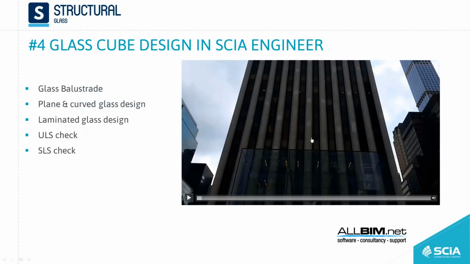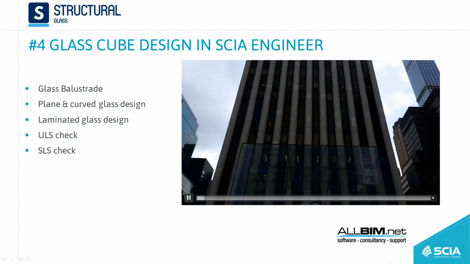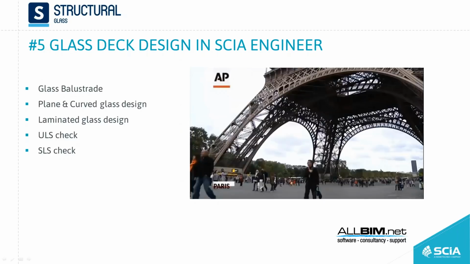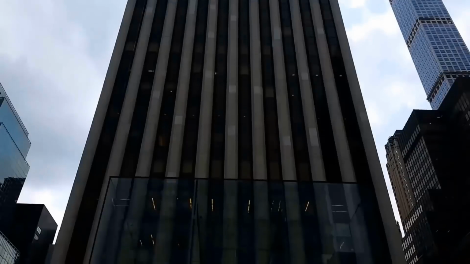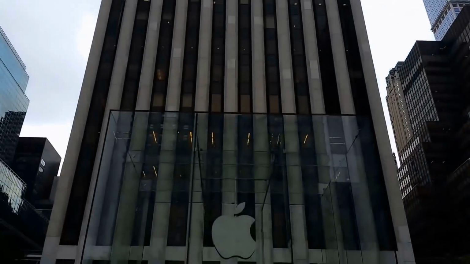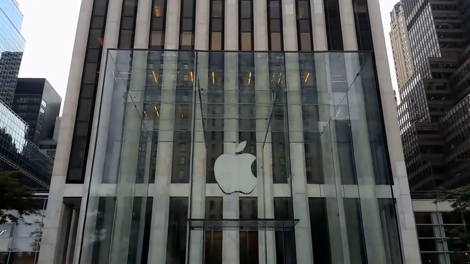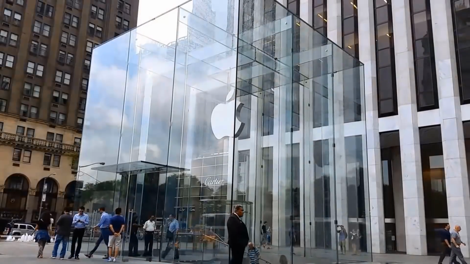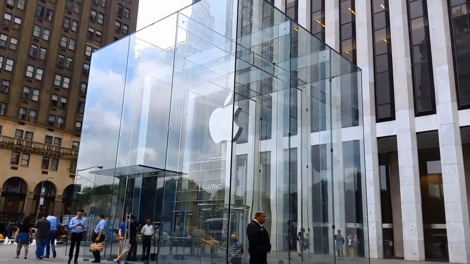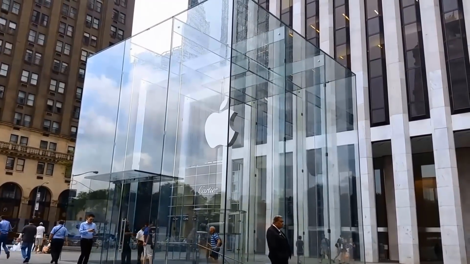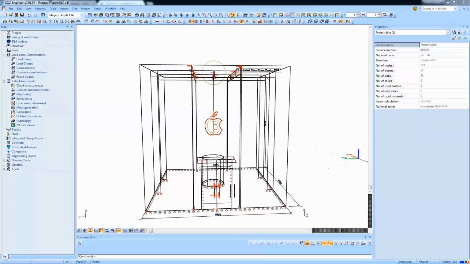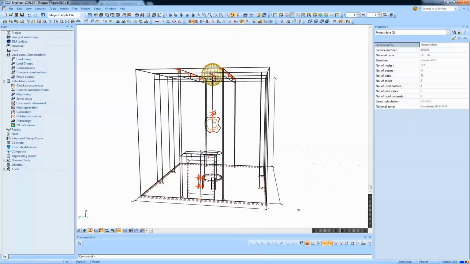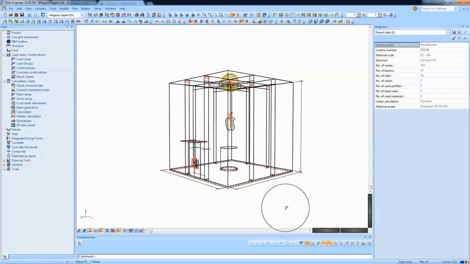Another project that we already showed, but it was among the first we studied when we calibrated the software, was the glass cube. So this is quite a daring project. It has almost 10 meters, 9.75 meters length. It's a perfect cube, and it's made of these glass fins.